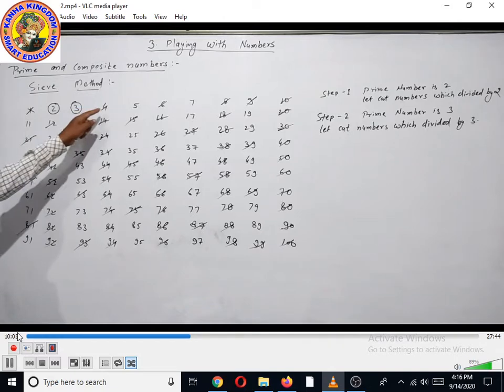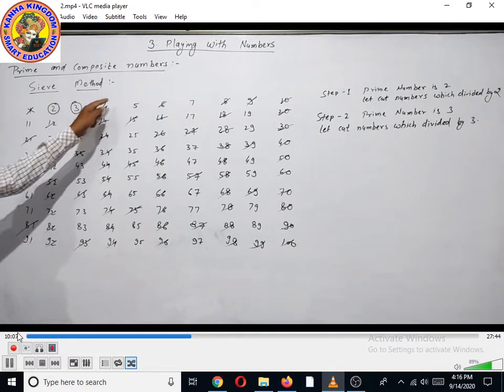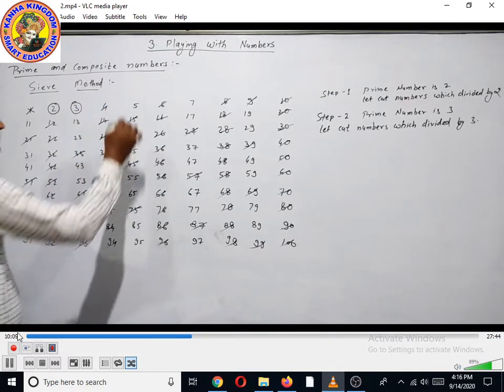Now the next number, 4, is already cut, so the next number is 5.